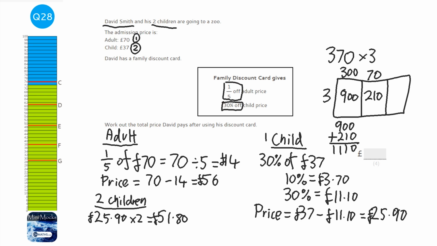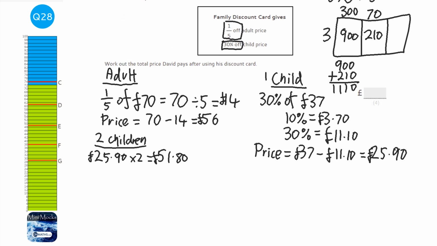Okay, I'll move down a bit. And let's do the total. So the total is going to be the adult price, which is this one here, plus the 2 children price, which is that one there. So I want to do 56 plus £51.80.